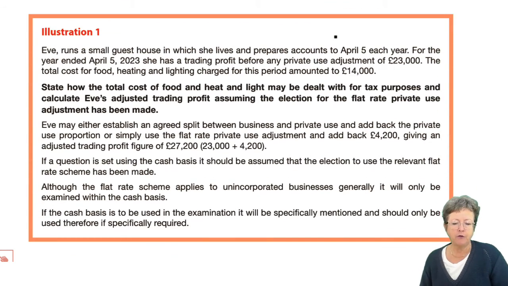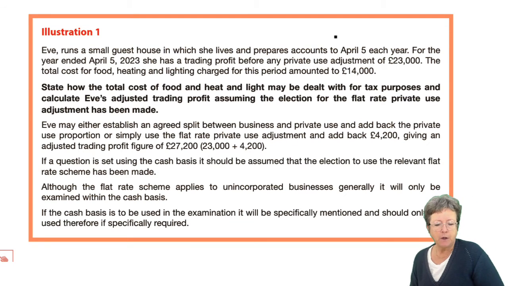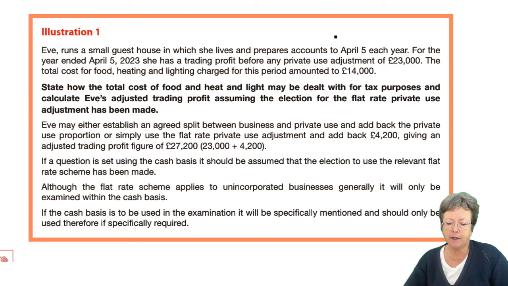So Eve runs a small guest house where she prepares accounts to the 5th of April each year. And for the year ended the 5th of April 23, she had trade profits before any private adjustment of 23,000. Total cost of food, heat and light charged during that period was 14,000.